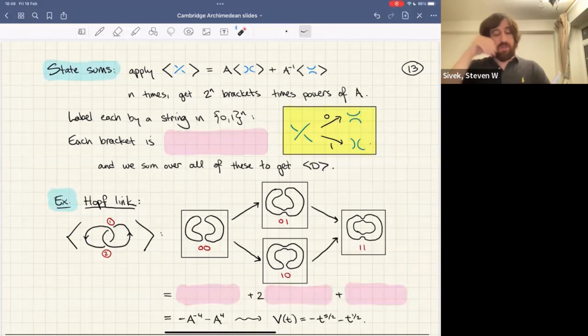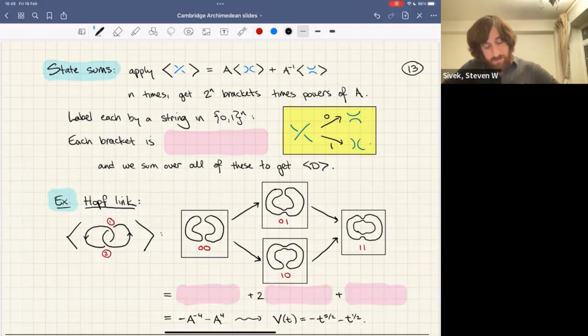So what we do is we can label each of these 2 to the n brackets by some length n string of 0s and 1s, where at each crossing, if we pick this resolution, we write down 0, and if we pick this resolution, we write down 1. And each time we want to evaluate one of these brackets, it's very simple.